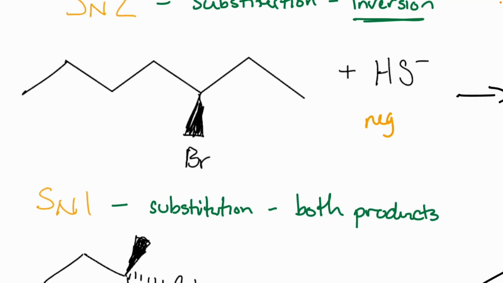For this first one, what do we think? Primary, secondary, or tertiary? Secondary, right? I'm going to look at the carbon at the base of my halogen. It has these two neighbors.